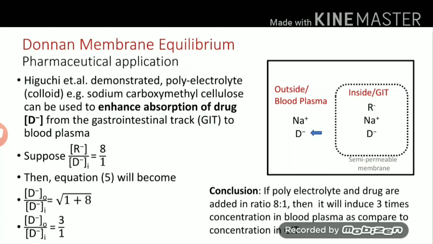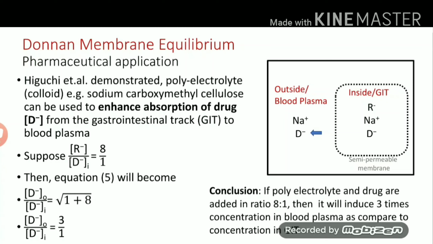Suppose the ratio of R negative by D negative inside is equal to 8 by 1. Then equation 5 will become D negative outside by D negative inside is equal to the square root of 1 plus 8. That becomes 9, and we know that the square root of 9 is 3.